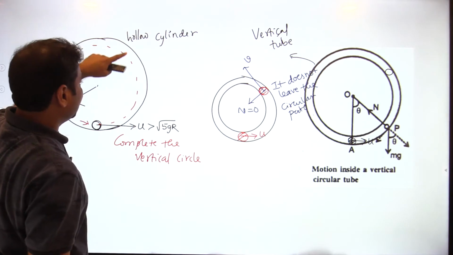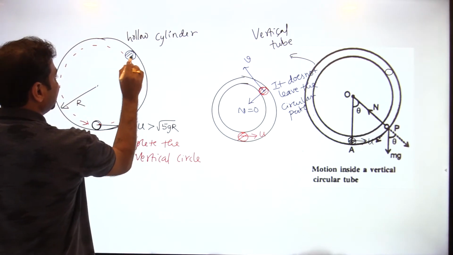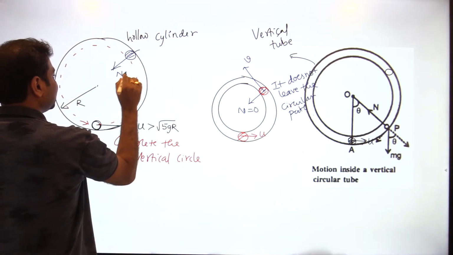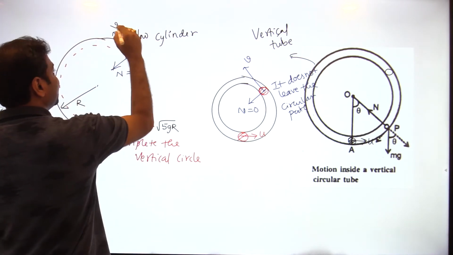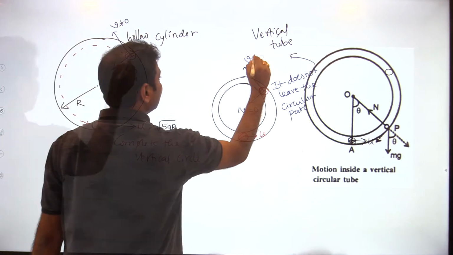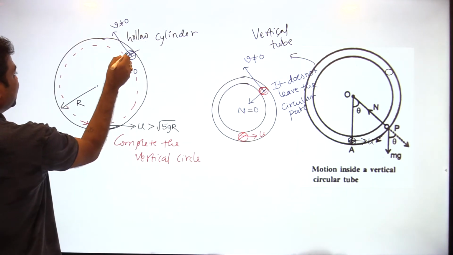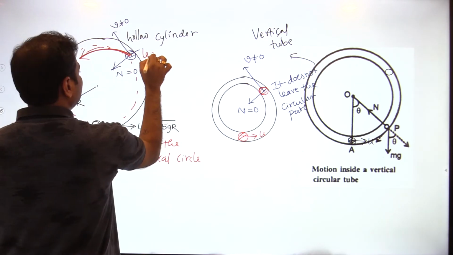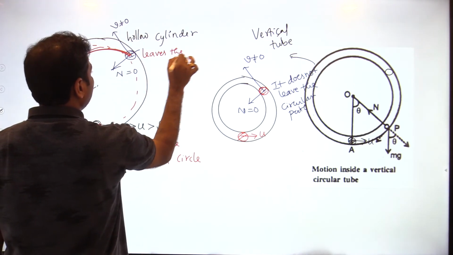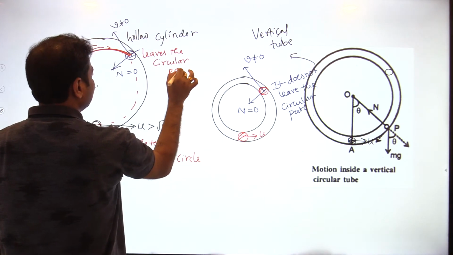If N value is 0 here, let us say the object is here and this is the normal reaction. If normal reaction is 0 but velocity is not equal to 0, under this condition what will happen? It will leave the circular path and go in a projectile path. So you got the difference?